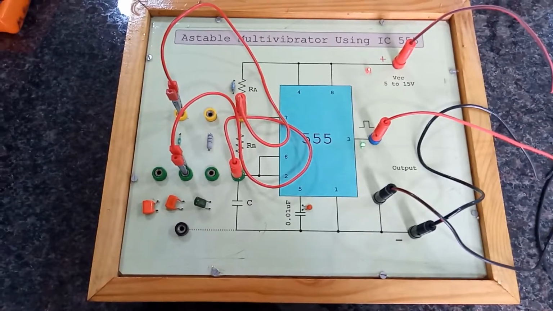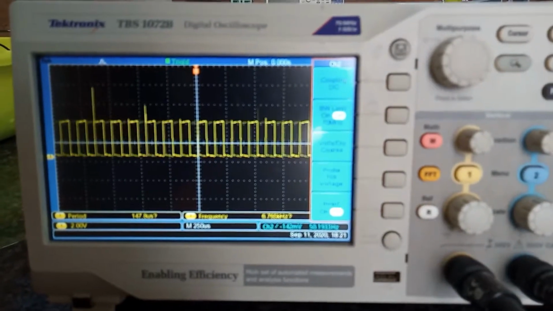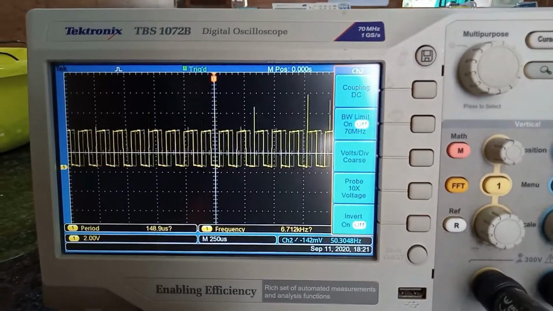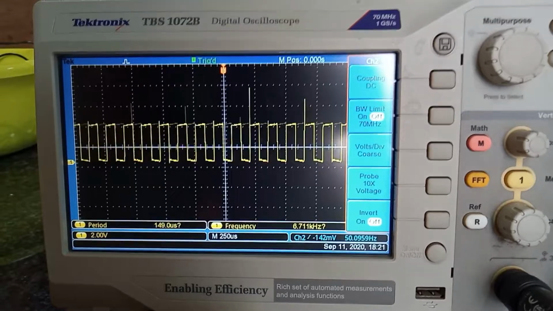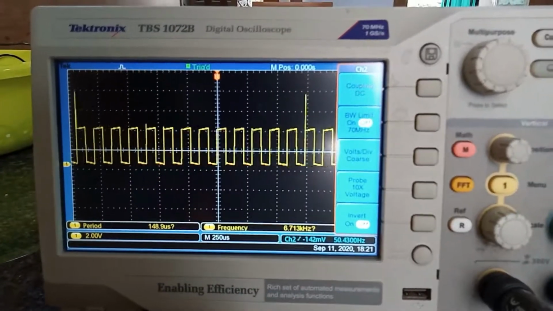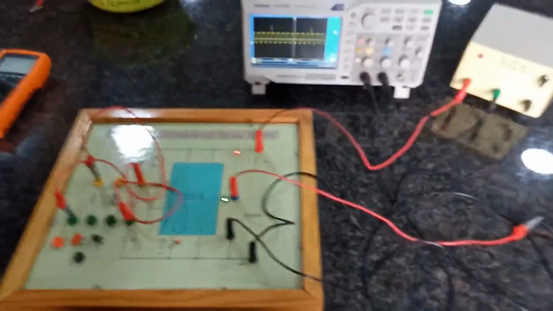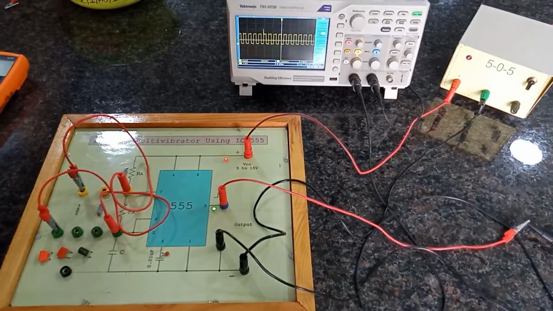Again let us change C to the third value, and you can see the frequency has doubled. The square wave is more highly frequent, the frequency has been raised to 6.71 kilohertz. So this is how we can perform the practical of the astable multivibrator using the 555 IC by changing the values of R and C.